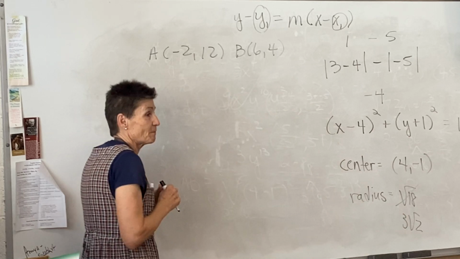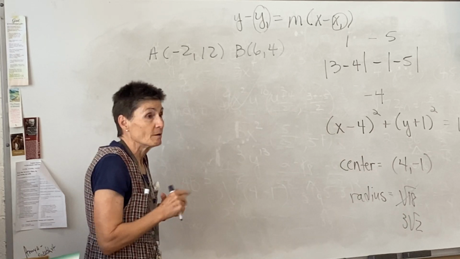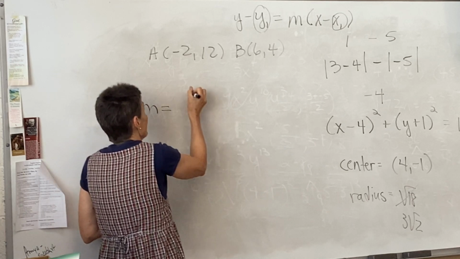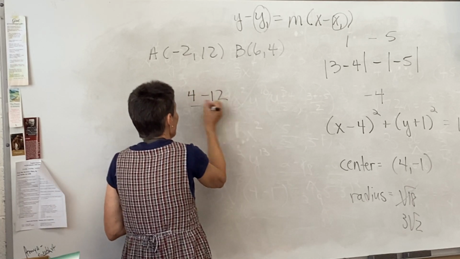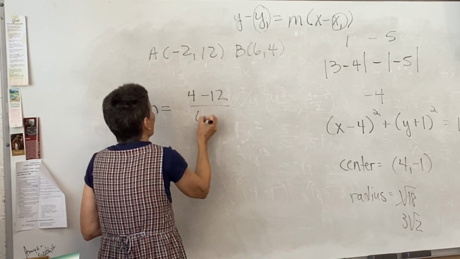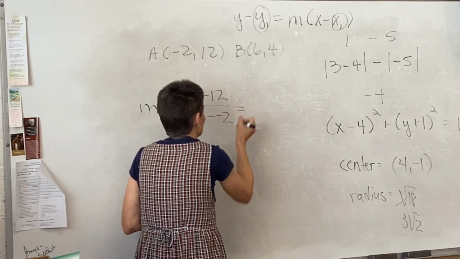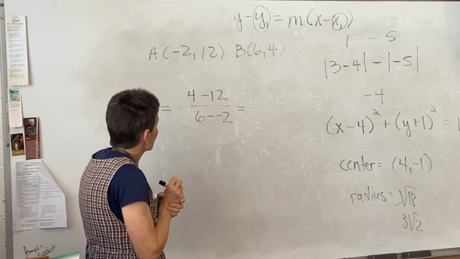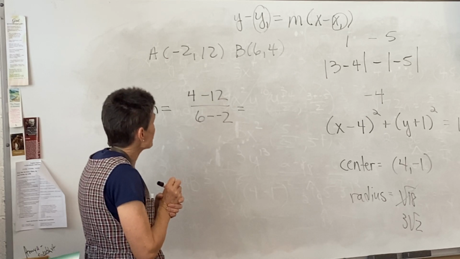So what do you think is gonna be the first thing we're gonna have to do? Find the slope. We know how to do that, we've already practiced it. 4 minus 12, always y minus y, x minus x.